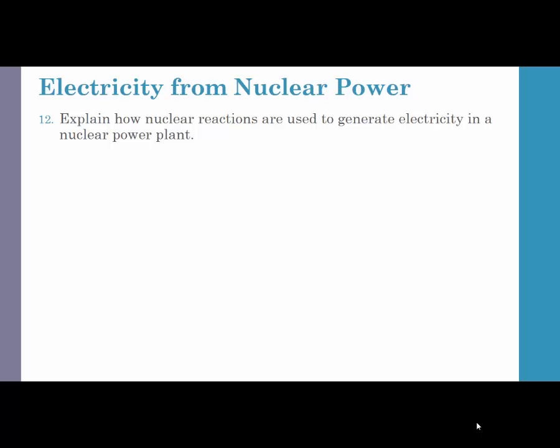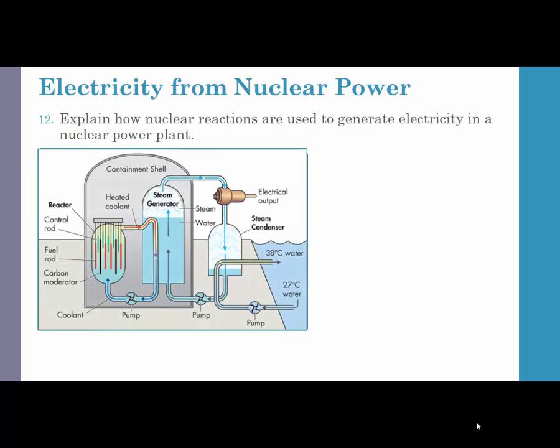Explain how nuclear reactions are used to generate electricity in a nuclear power plant. So a nuclear power plant works very similarly to a coal power plant. The only difference is how does it produce heat? So within the reactor, I have fuel rods which contain a fissionable element.